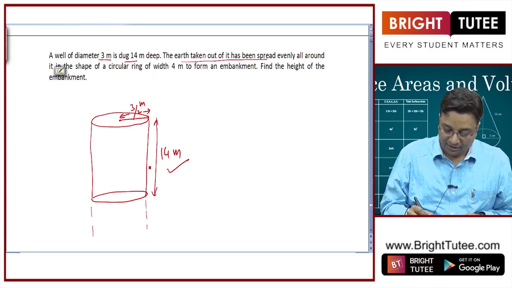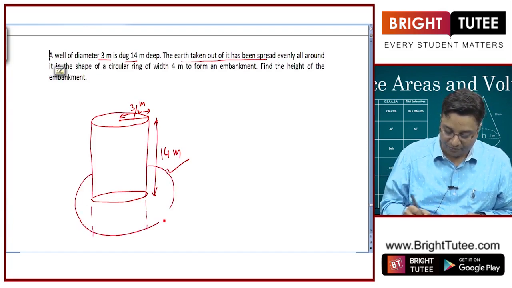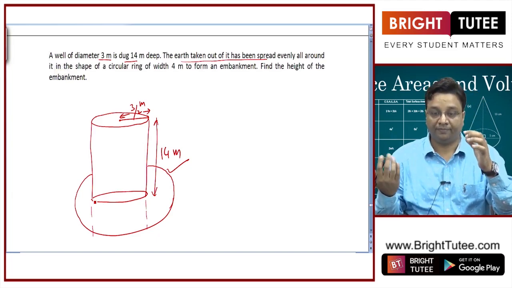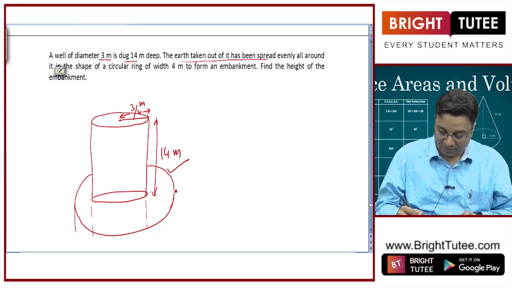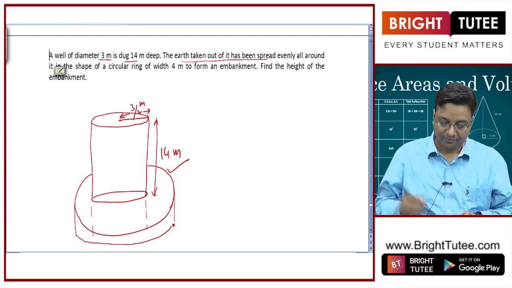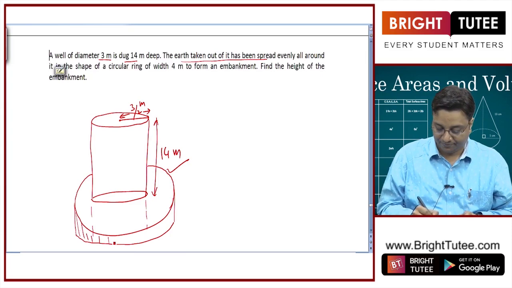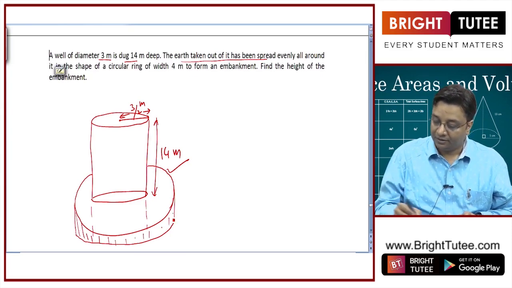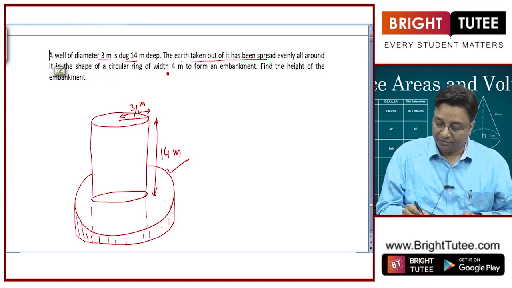So the earth is being used to make a platform this time, which is in the form of a circular ring around it, right? So this kind of platform will be made. So its width is 4 meter.